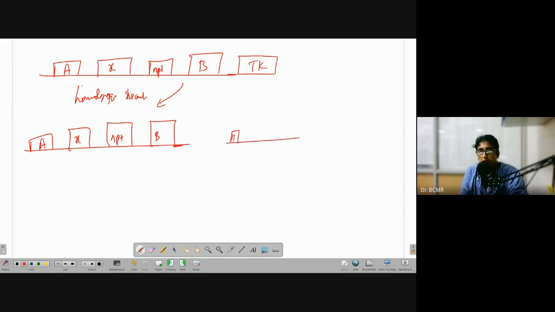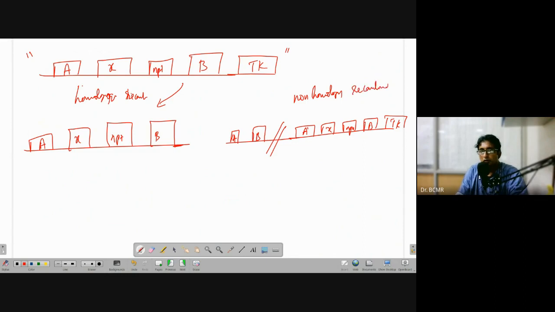Instead, if there was a non-homologous integration, then the whole bit from here till here will get incorporated: NPT, B, and also thymidine kinase. These are non-homologous recombinants, right? So what do we do now?